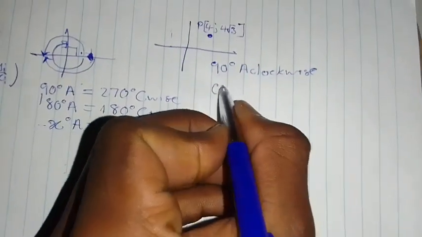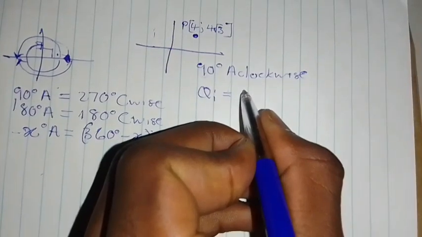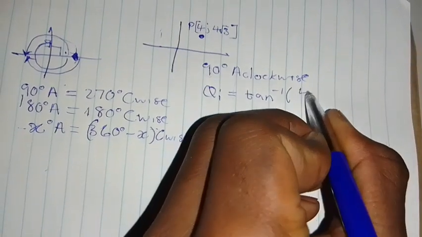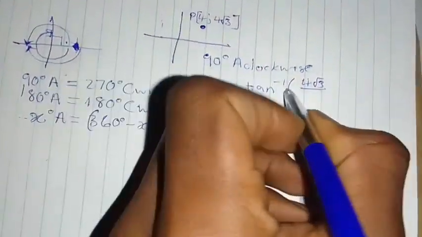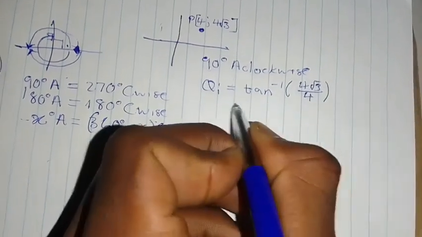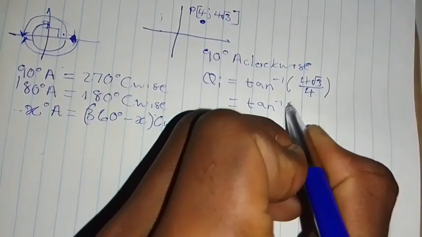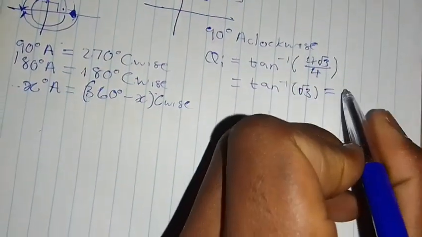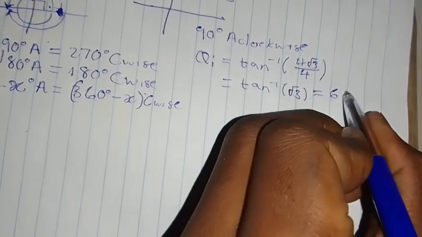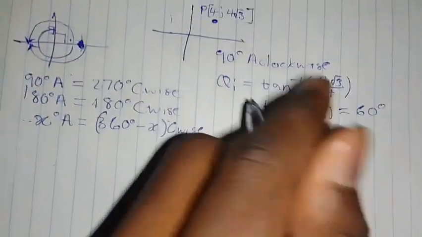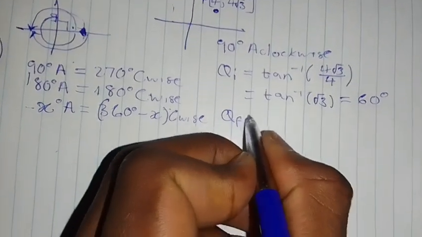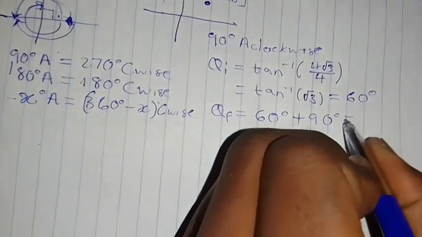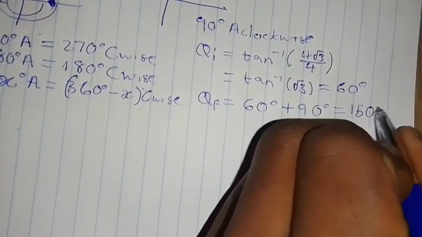Now theta initial will be equal to arctan of y initial, which is 4 root 3, over x initial, which is just 4. So you have arctan root 3, which is the same as 60 degrees. Now theta final is going to be 60 degrees plus the rotational angle, which is 90 degrees, so you're going to have 150 degrees.